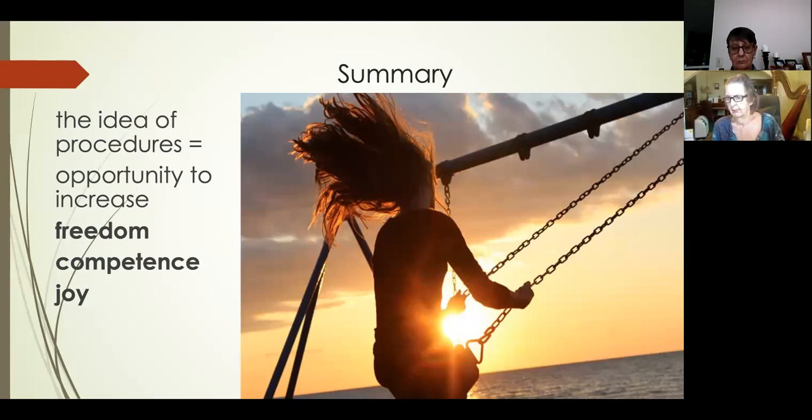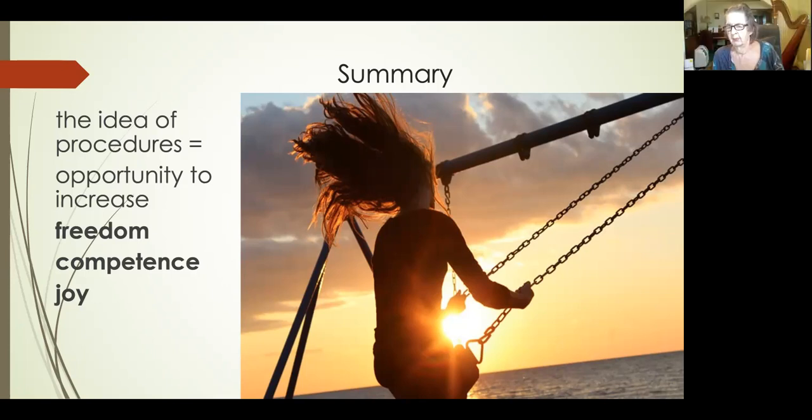And as they increase their freedom and their competence, that also increases their fun and their joy. What we see on the right here, this was the best picture I could find of joy. And what do we see here? Swinging is something we learn as a small child, and we can do it all our lives, and we never forget how to do it.